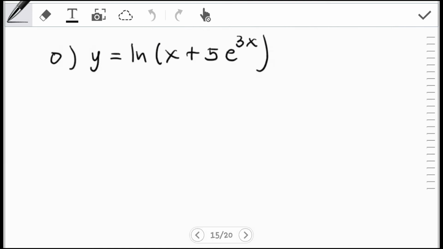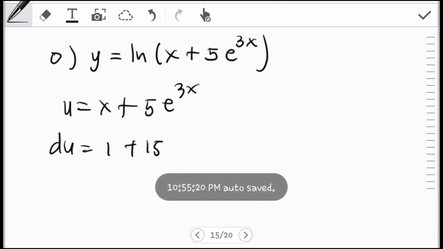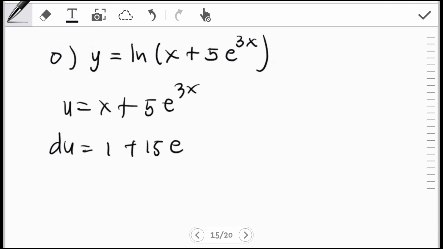This is the first derivative of y is equals to ln of the quantity x plus 5 e to the power 3x. So let u, that is x plus 5 e to the power 3x, where du is equivalent to 1 plus 15 e to the power 3x.